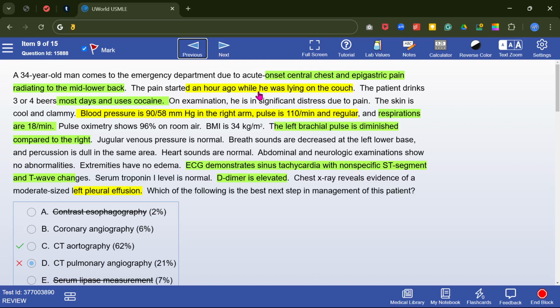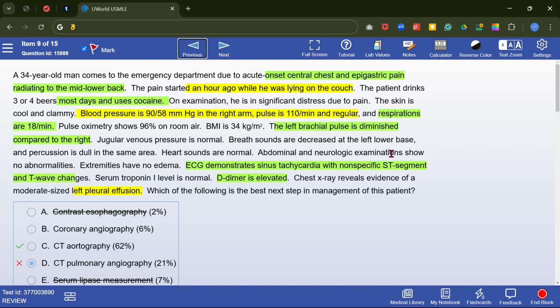The patient drinks 3 to 4 beers, with hypertension, tachycardia, tachypnea, and a BMI of 34. Left brachial pulse is diminished compared to the right.